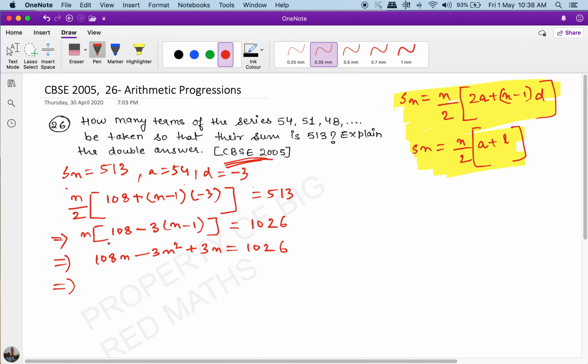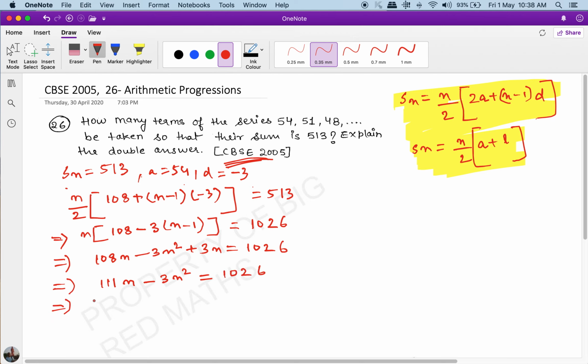So this becomes 111n minus 3n square equal to 1026.